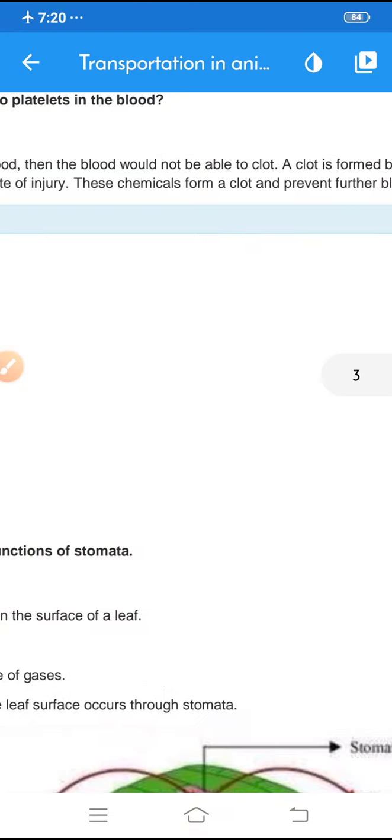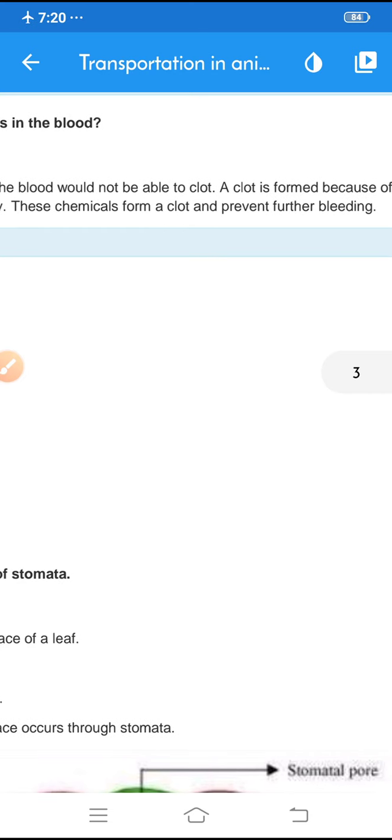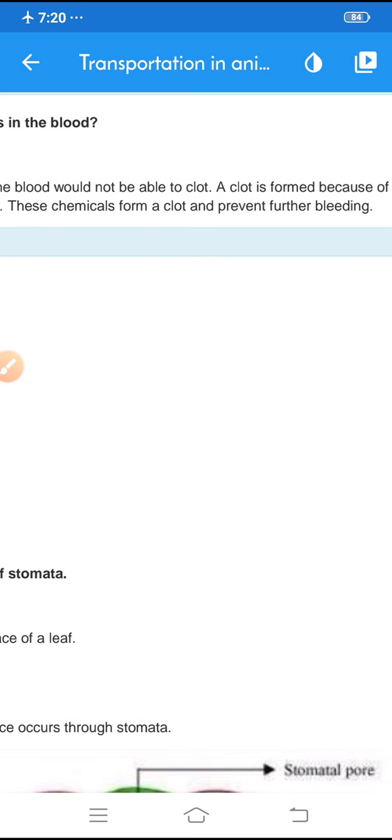These chemicals form a clot and prevent further bleeding, which could lead to further problems. That's why clotting is very important. If there are platelets, only then does clotting take place and those chemicals are released to stop the bleeding.